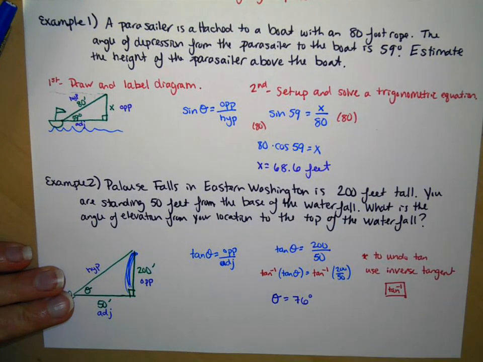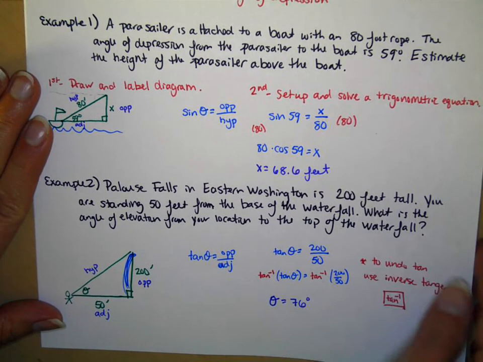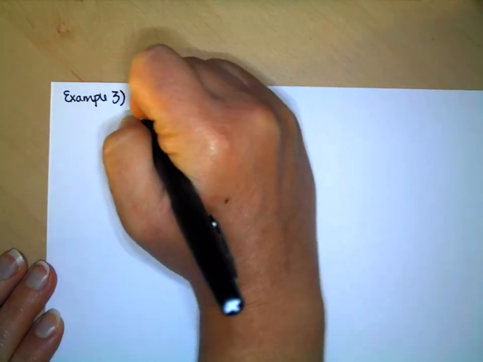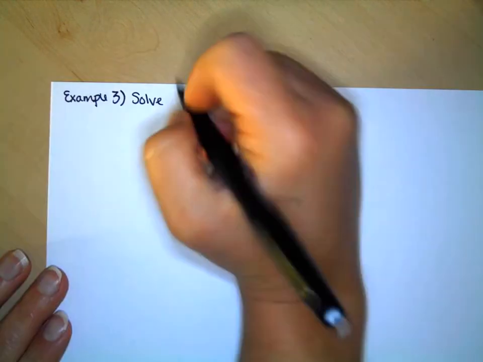All right, continuing on. One more example that's review, and then we'll move on to the stuff that's new for Algebra 2. In example 3, we're going to solve each triangle.